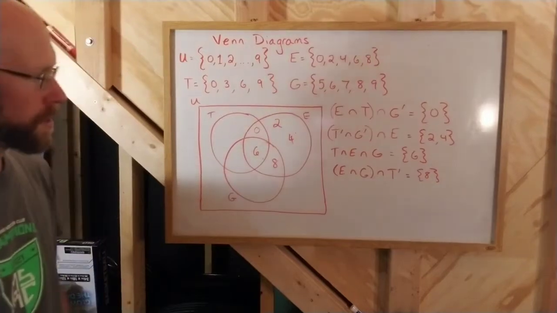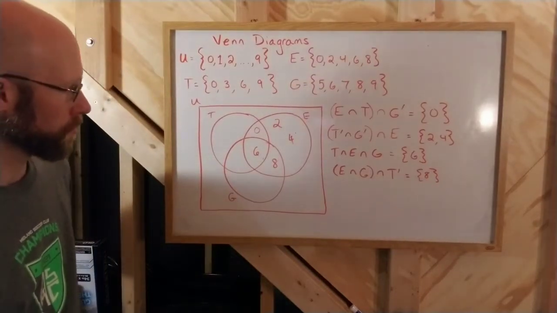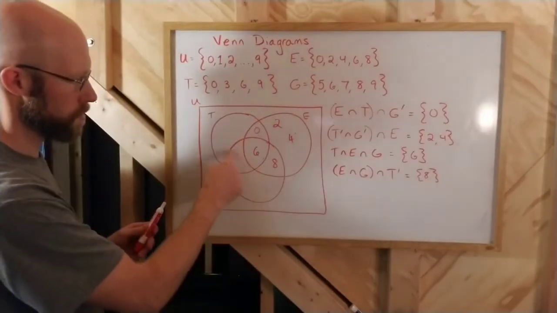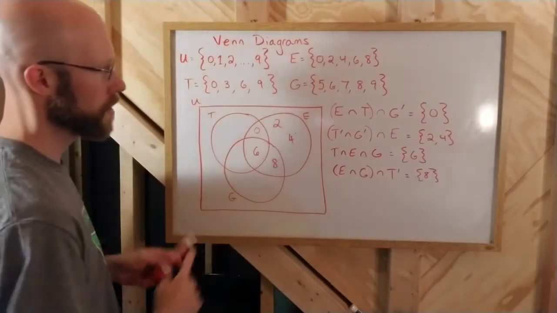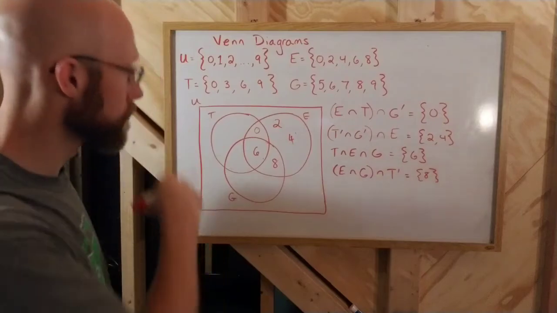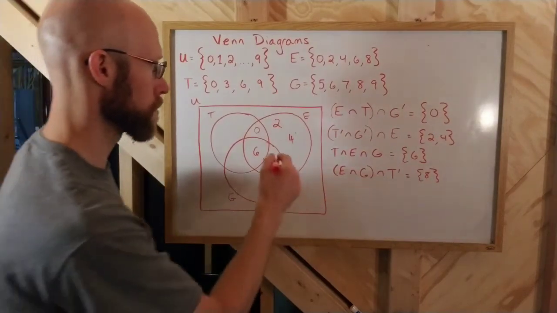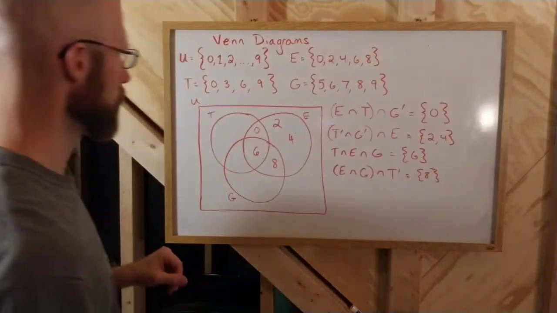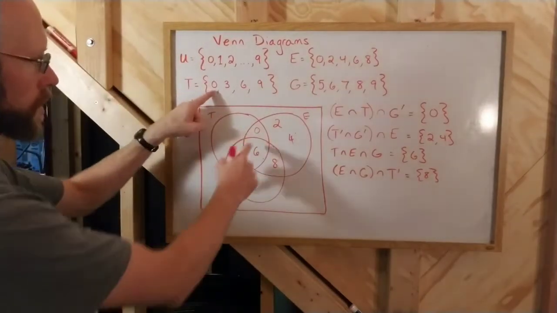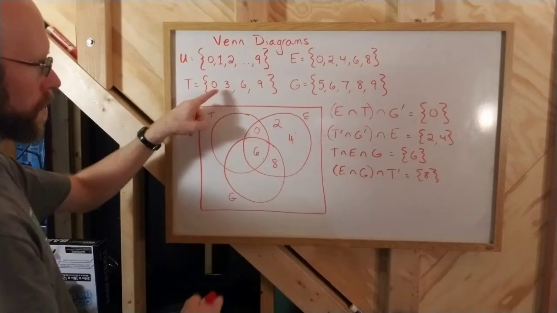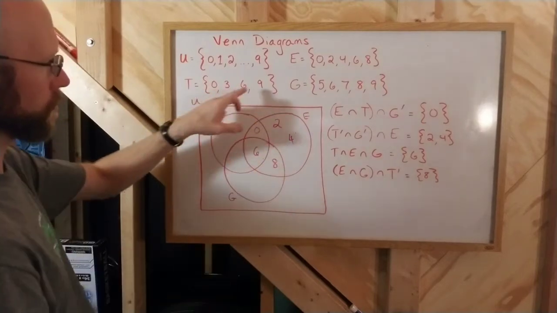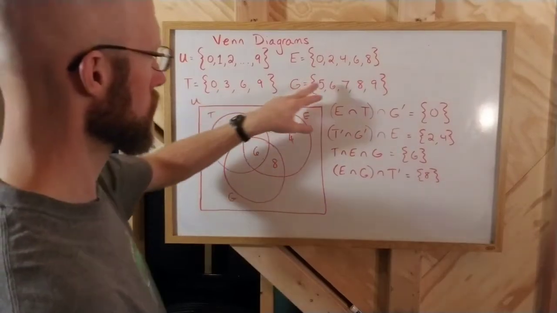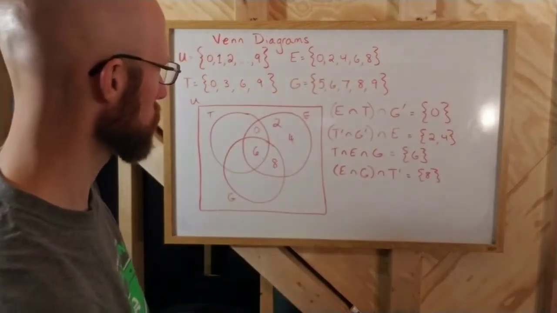Actually making good headway. There's only 4 regions left on here, right? This one, this one, this one, and the outside. That gives us E is covered anyway, everything for E. Let's look over at T for a moment. We've already got 0 figured out. We've already got 6. Well, we don't have our 3 or 9. 3 is not in either of the other 2 sets.